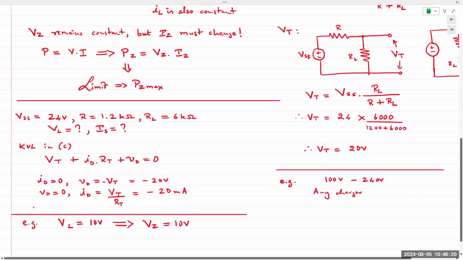If your load requires 10 volts, then your Zener diode must supply 10 volts. You have to have a 10 volt Zener diode. So now, what is the minimum voltage that is required to turn this on? If it was directly connected, you have a supply, you have a Zener diode, and you have RL. What is the minimum voltage required? 10 volts, or just slightly above 10.